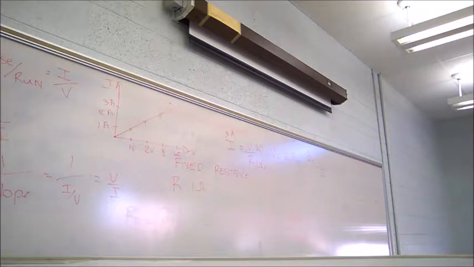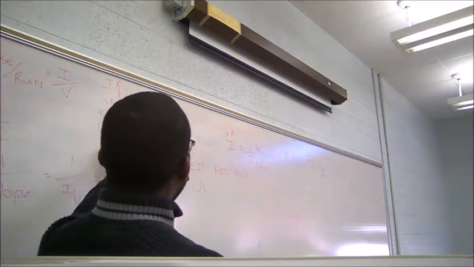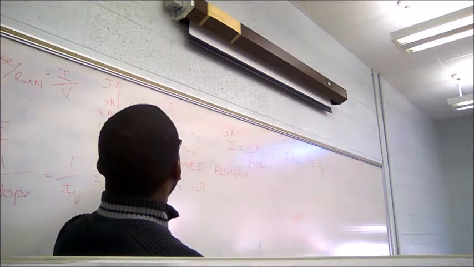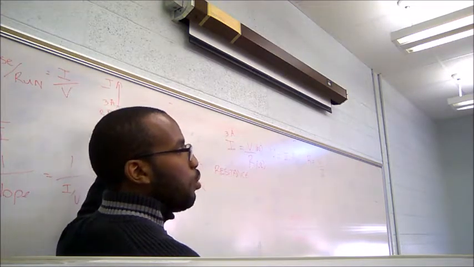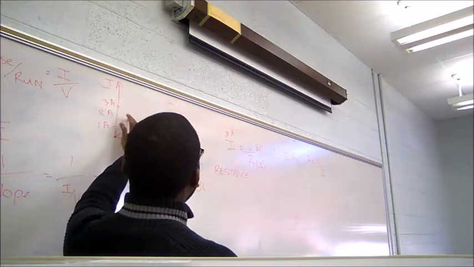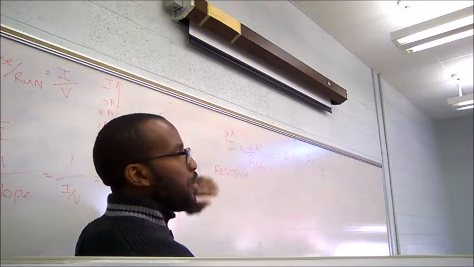So when we plot our graph today, we are going to plot it in this way. We are going to assume a fixed voltage, and then get a corresponding current to plot our slope.